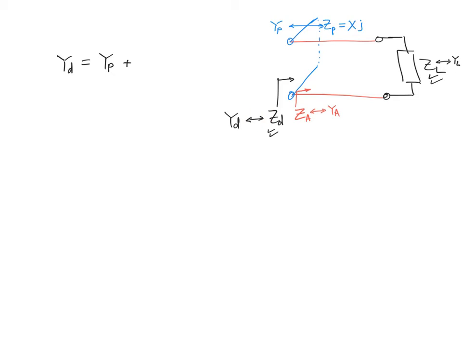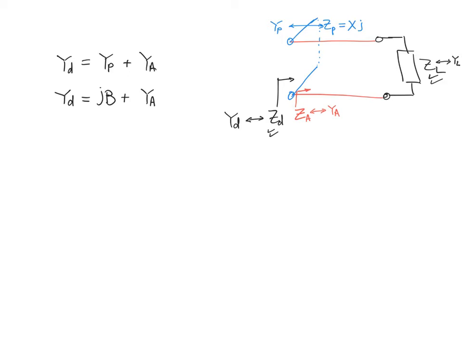So in terms of admittances, this is going to be YA, right? Now since we know that YP is pure imaginary, we can write YD is equal to some pure imaginary value plus the YA. Now YA is a general admittance that can have a real and an imaginary value.